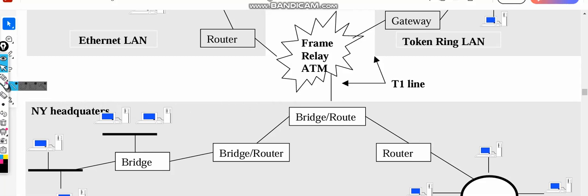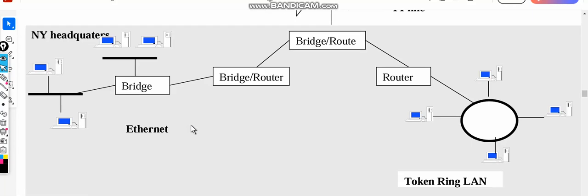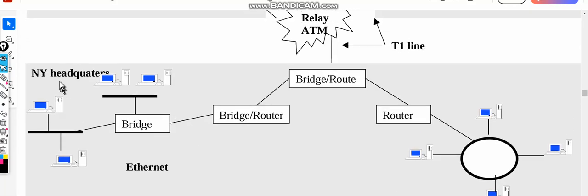So this is a T1 line. There is another branch here, the New York headquarters.